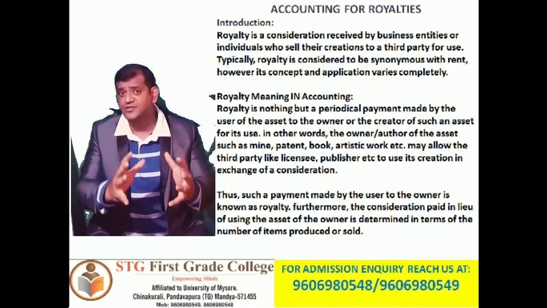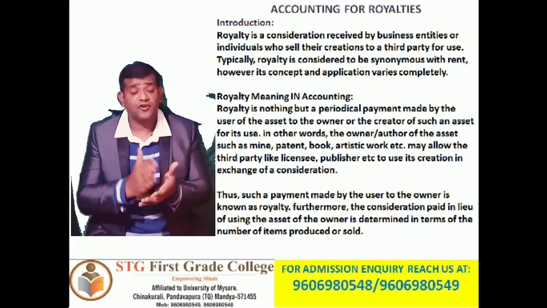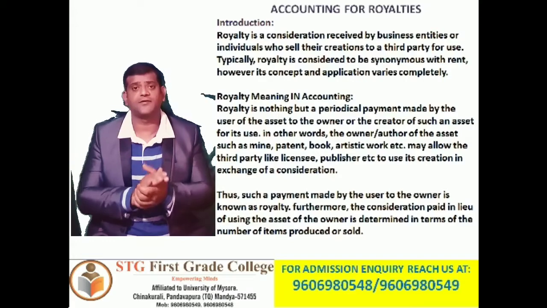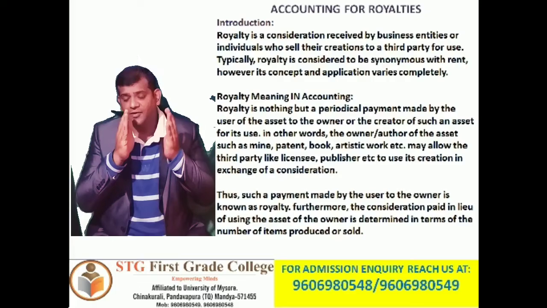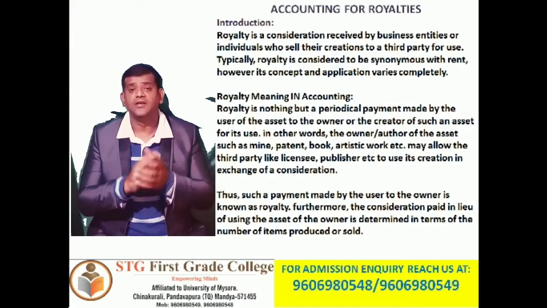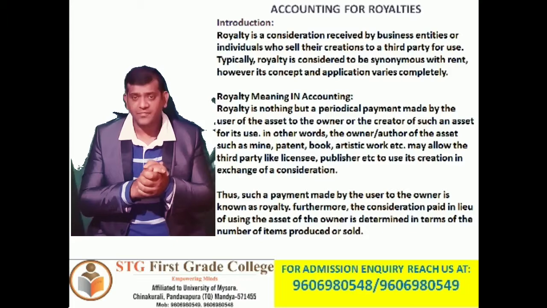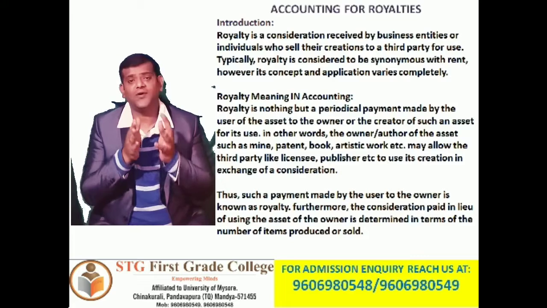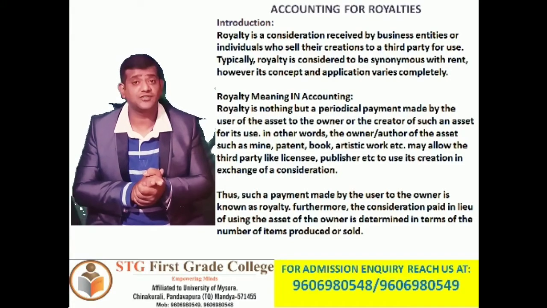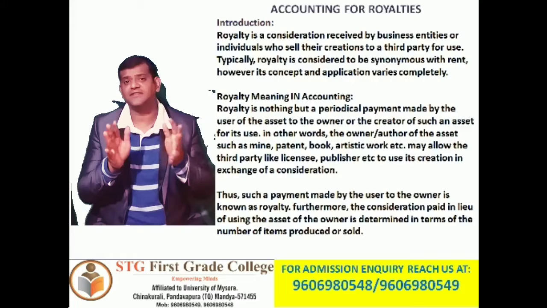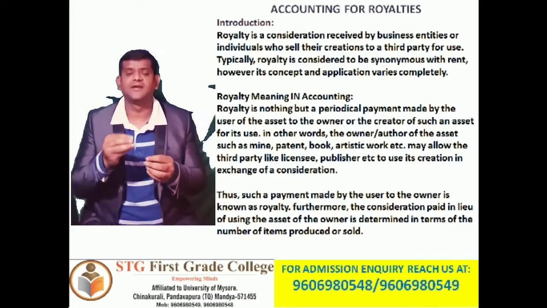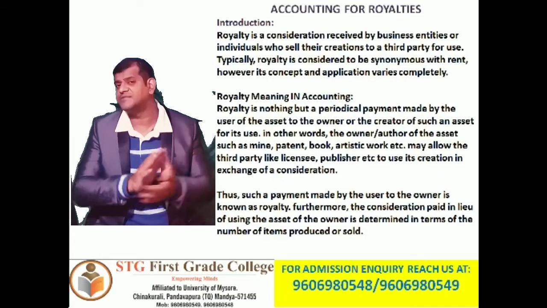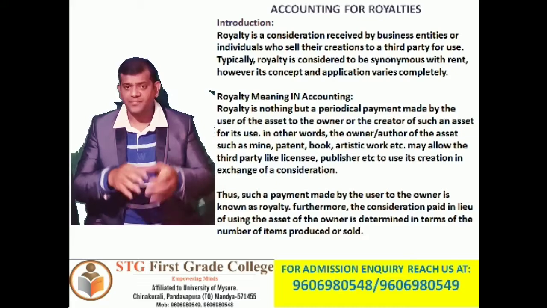Some formulas may be identified by some people, and for that some amount is payable. Or an author writes a book, and for the written copy of that book the author gets a copyright. The author gets money based on the number of books the publisher prints. So copyrights or patent rights all come under royalty.